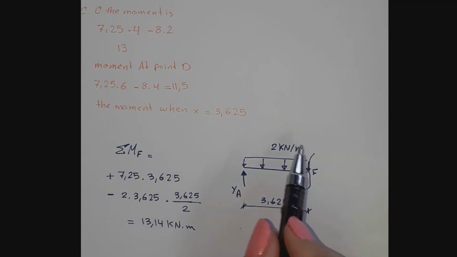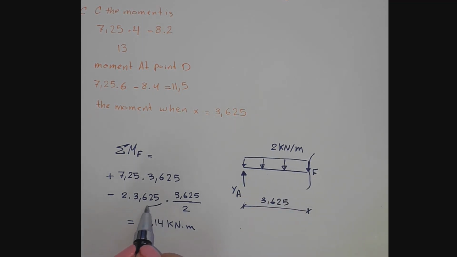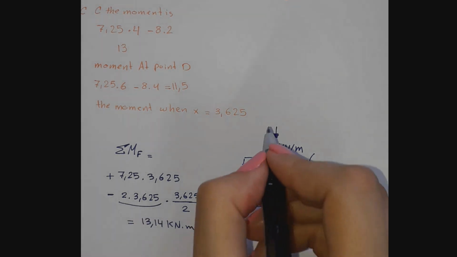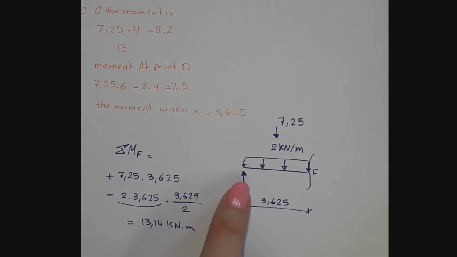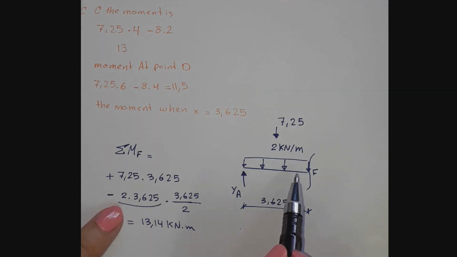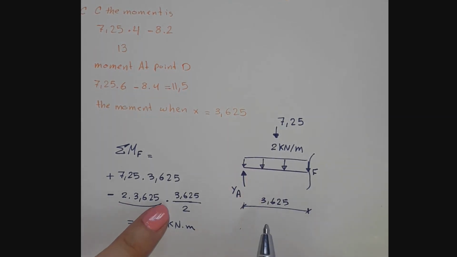And this uniformly distributed load will be converted into a point load by doing this: 2 multiplied by 3.625, which is 7.25, and it's located halfway between point A and F. So we will write minus 2 times 3.625, and by doing this we converted this uniformly distributed load into a point load, times half of this x.